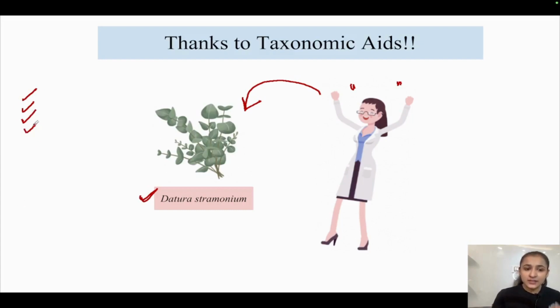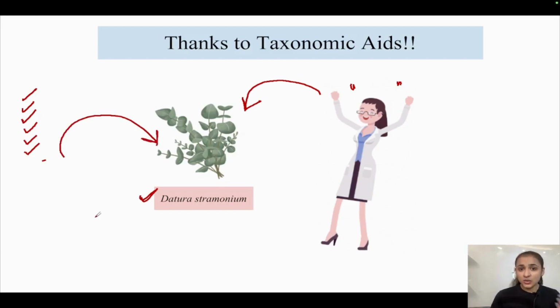After classifying it, if it is an already known plant specimen, she would also have been able to arrive at its name, that is the genus name and the species name. So she would have identified the genus and the species as well. So these are the steps she underwent to identify her plant.